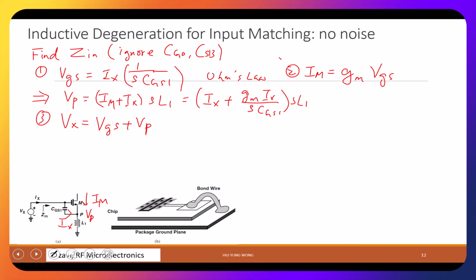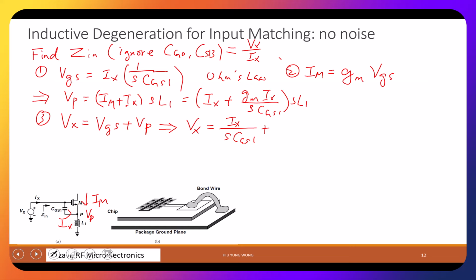So I'm going to just plug in. In this case, I have Vx. I want to keep Vx because I'm looking for Zin. Zin is equal to Vx divided by Ix. So Vx equals, I don't want VGS, and VGS is already given here: Ix divided by sCGS1, plus Vp.